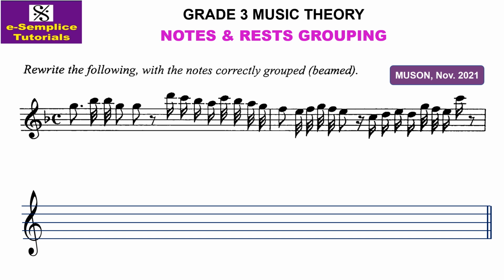The time signature is common time, which is 4/4 time. So let's start by putting the key signature, the time signature, which is 4/4.